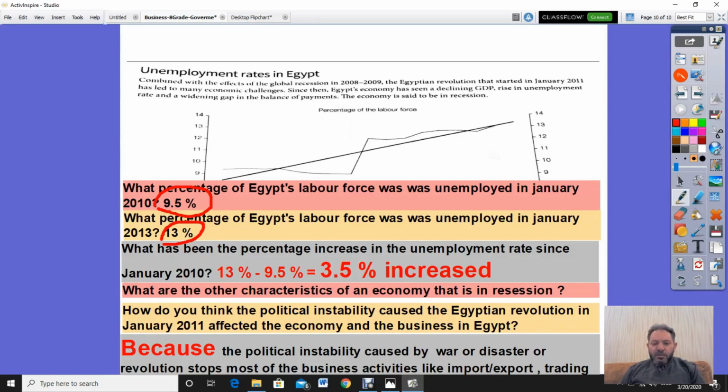It's very simple, just 13, related to 2013, minus 9.5, the percentage of January 2010. The answer will be 3.5 percent. This is the difference between the 2 years. It's a very high percentage, actually.